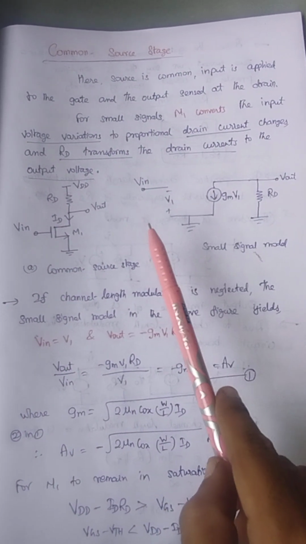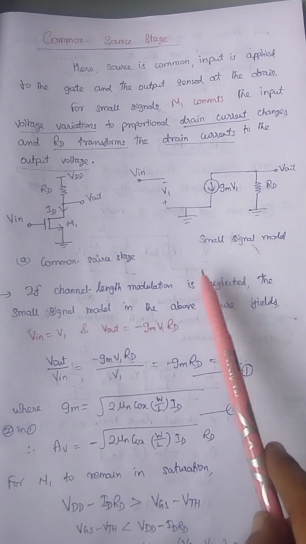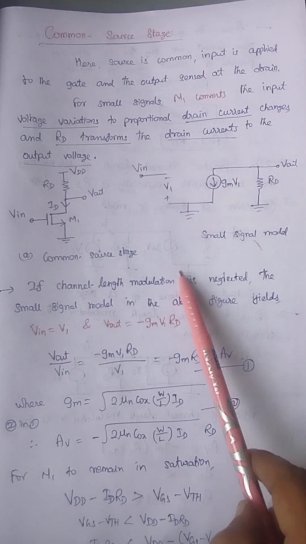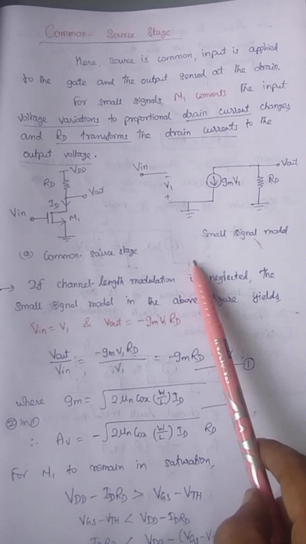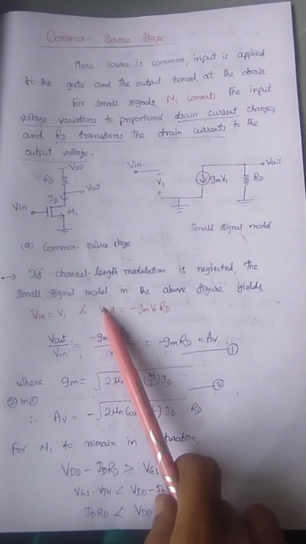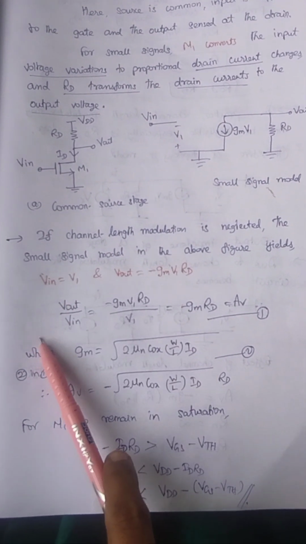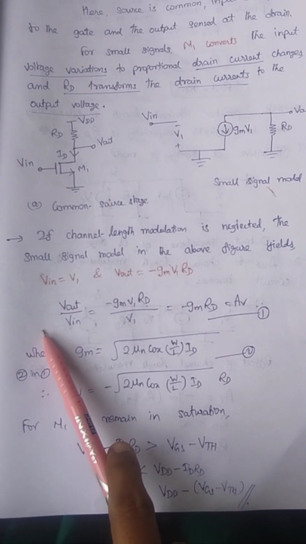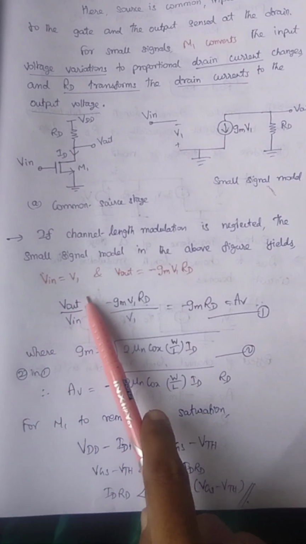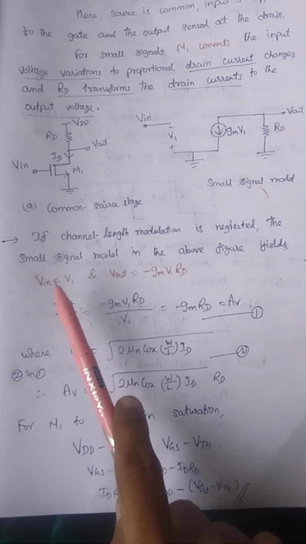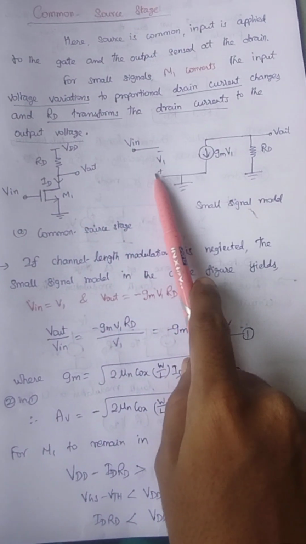By using the small signal model we are going to find the voltage gain, input impedance and output impedance. First, the voltage gain. To find voltage gain we should have output voltage and input voltage. Vin is equal to V1.